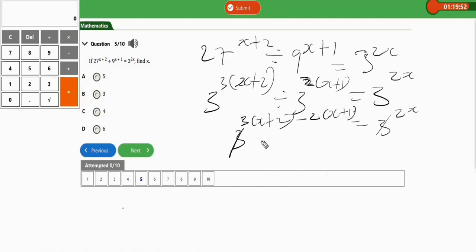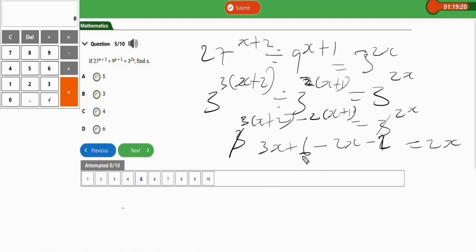Alright, so we now have, simplify the bracket, 3x plus 3 times 2, 6, minus 2x, minus 2 times plus 1 gives you minus 2, equals 2x.